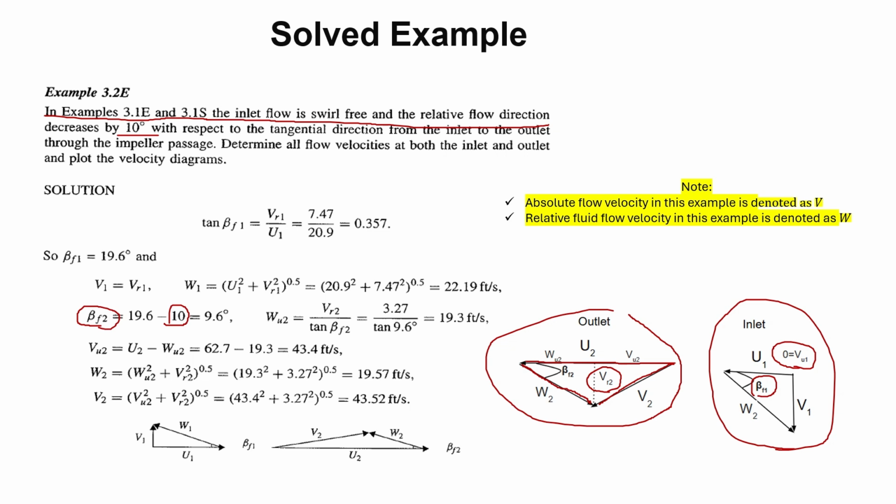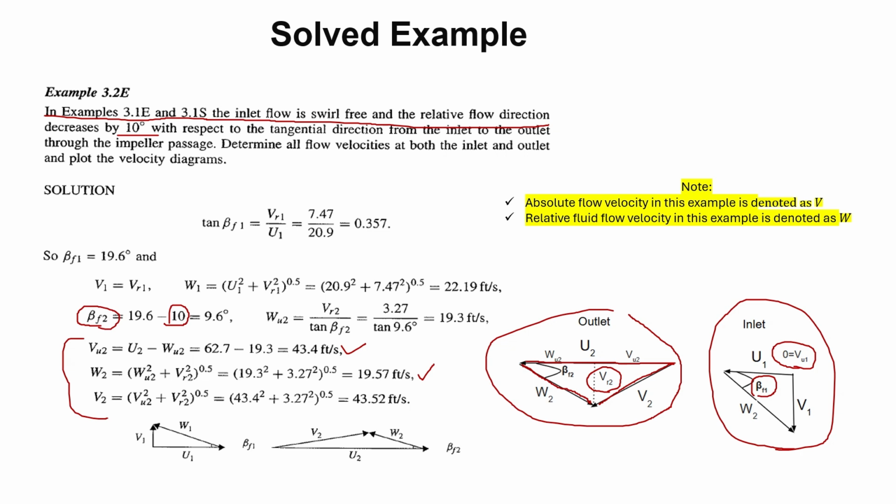Or in another scenario, we can also calculate tan beta sub f2 as Vr2 over the tangential component of the relative flow velocity, which is W sub u2. You do all the calculation, and you can calculate the tangential component of the absolute flow velocity at the trailing edge as around 43.4 feet per second, and you can calculate the relative flow velocity. You can see that the tangential component of the absolute flow velocity is much higher than the relative flow velocity, which makes sense.